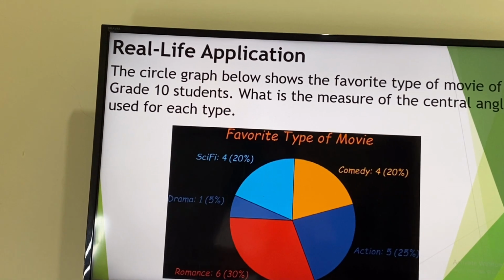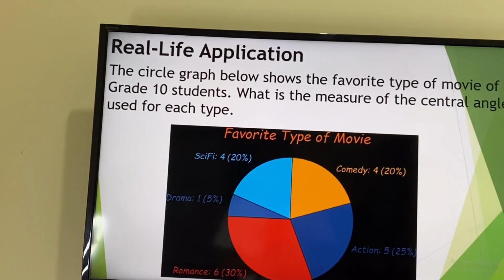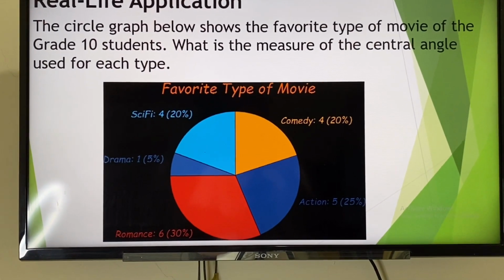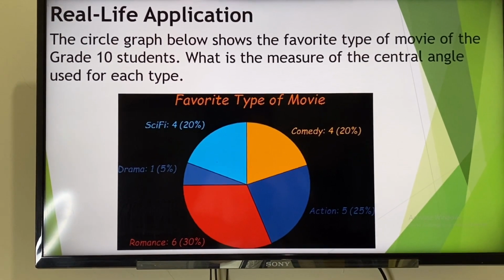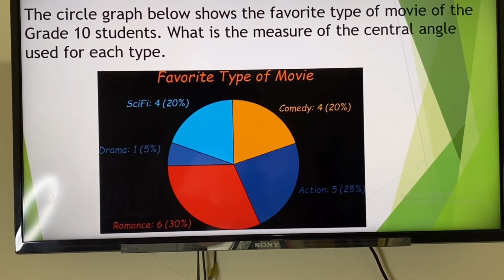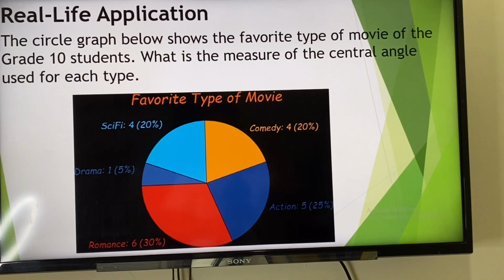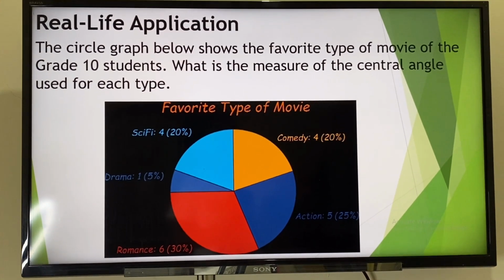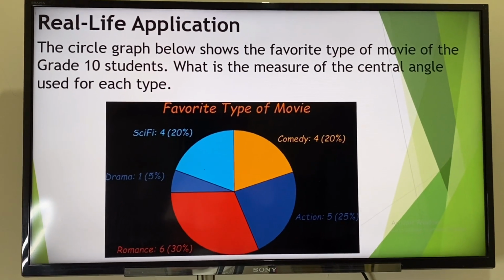So 20% times 360 degrees. Then, since this is about angle, of course you are going to put the degree symbol in your answer.